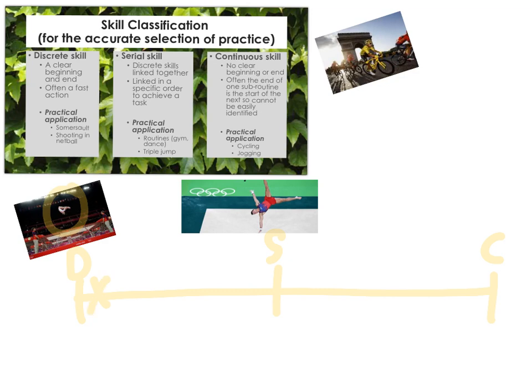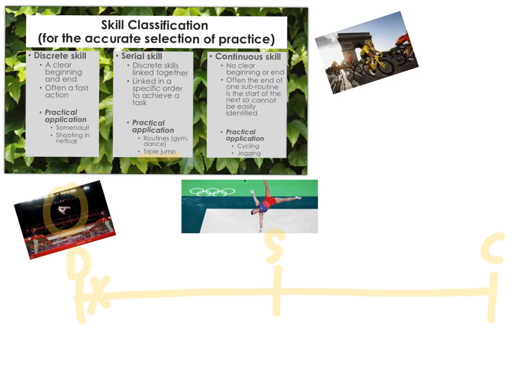A serial skill are those skills linked together like a gymnastics routine. In basketball, for example, you've got a layup skill, which is the approach and the takeoff, which you could say is serial. You would split those two things up to practice them. A better example would be the triple jump, where you've got the hop, the step and the jump.